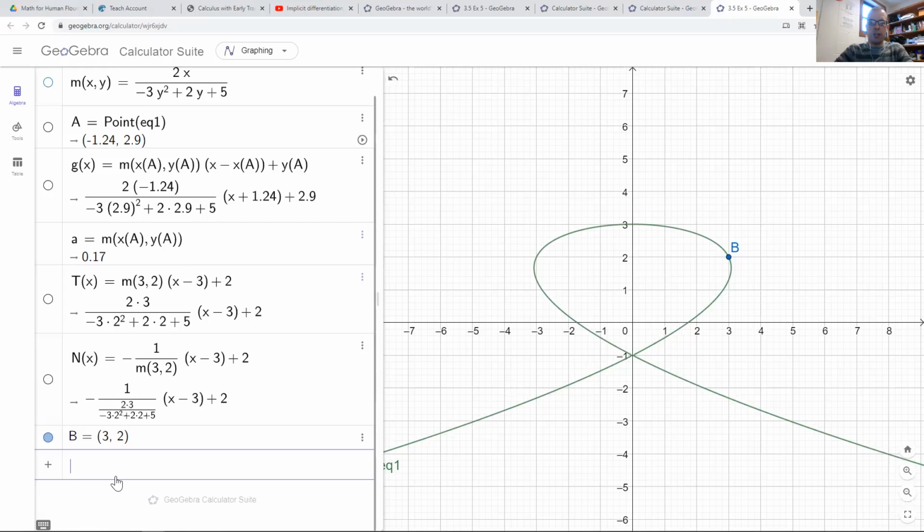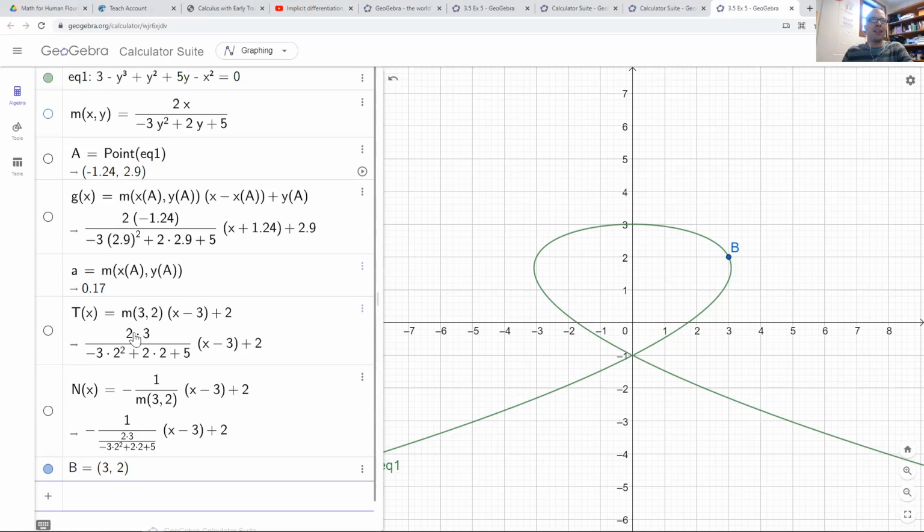So what we could do is, I've done it here using m of (3, 2) to get the derivative and multiplying that times x minus 3 plus 2. This is like our tangent line formula where you multiply the slope times x minus an x value plus the y value. But let's go ahead and build it real quick just for (3, 2).